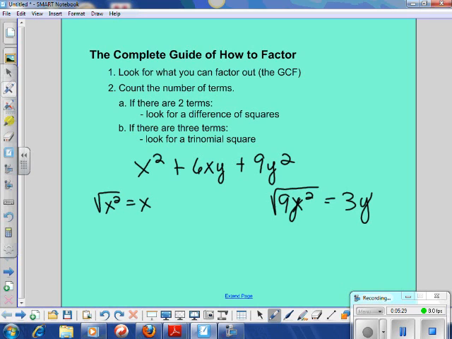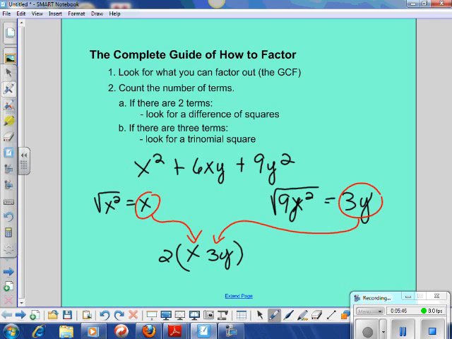Now you have to look at the middle. You have to take your first term times your last term and double it. So put in correct order, coefficients first. 2 times 3 is 6. x times y is xy. That's 6xy.